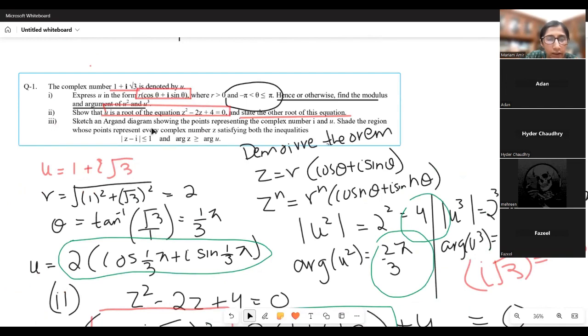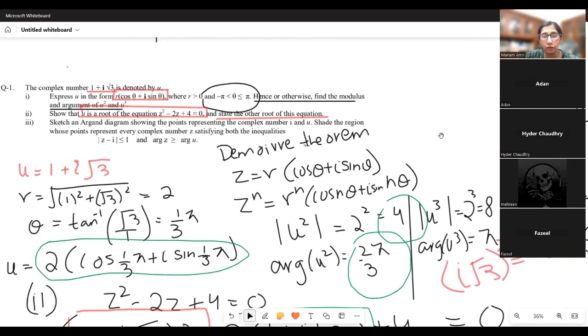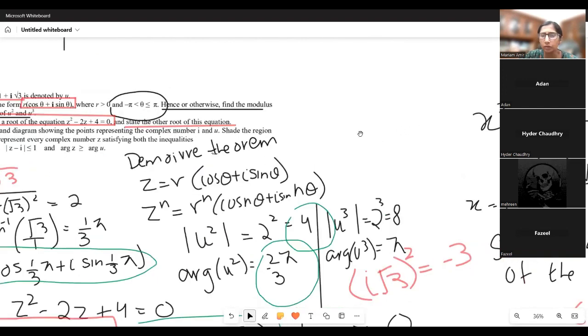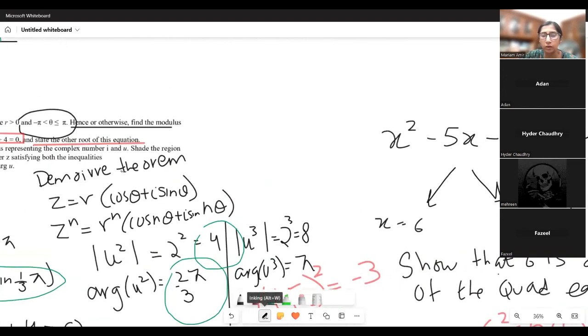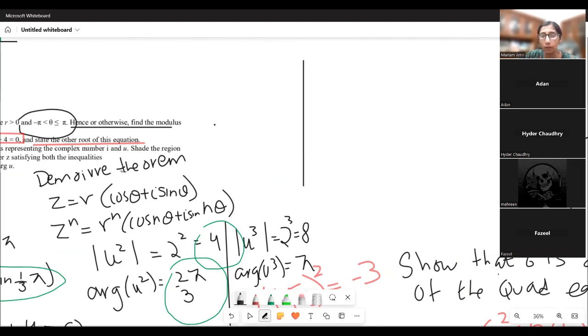Sketch an Argand diagram showing the points representing the complex numbers iota and u. Let's do that here. Iota is just iota. Iota का point is 0, 1 because it does not have a real part. So for iota, you plot 0, 1.